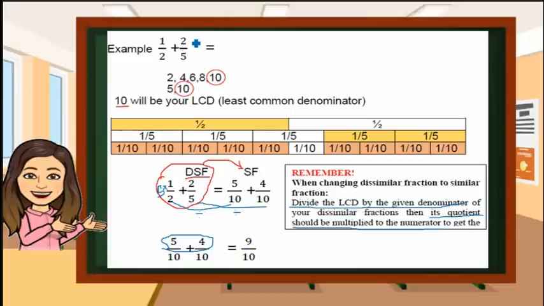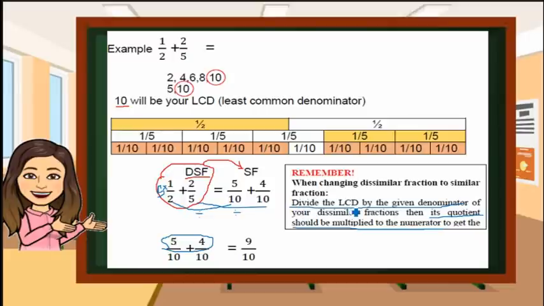So, once again, as you visualize adding dissimilar fractions, you should always consider the LCD, or the least common denominator. Then draw or illustrate the fractions. Then change the dissimilar fractions to similar fractions by what? Paano?